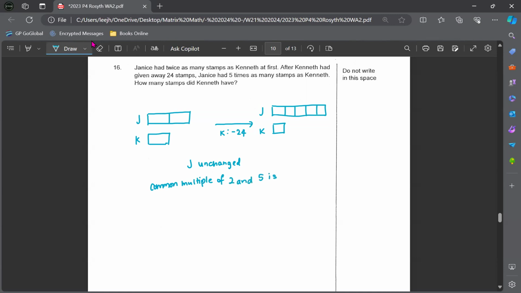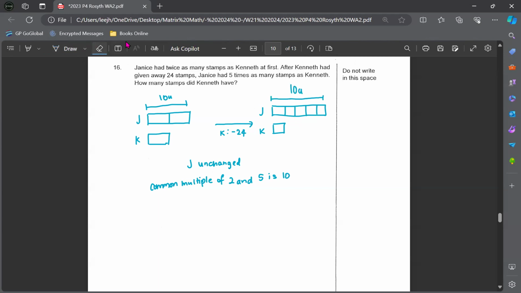Before and after, the number of units Janice has must be the same because nothing happens to her. So the common multiple of 2 and 5 is 10. So I'm going to make this 10u, and this will also become 10u.